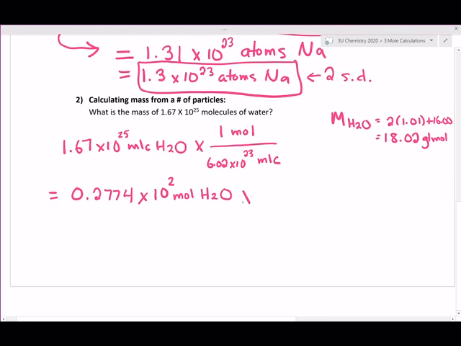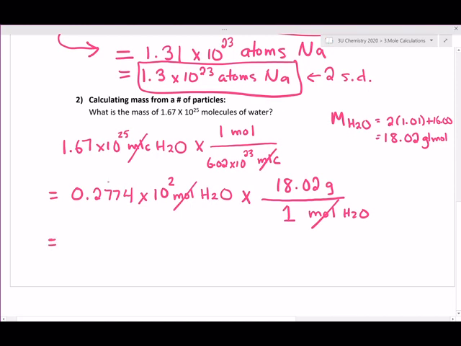Now, our final step is we're trying to get to mass. Molecules are now gone. We're at moles. We're going to have mole on the bottom, 1 mole, and in this case of water, we already worked it out, is 18.02 grams. So now moles is going to cancel, and our final answer is going to be grams.